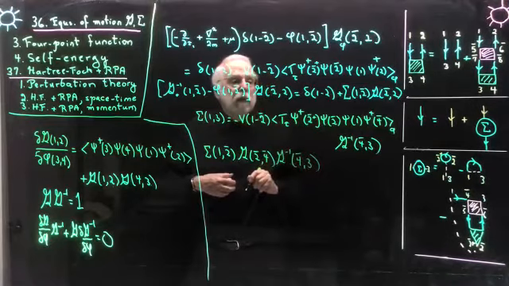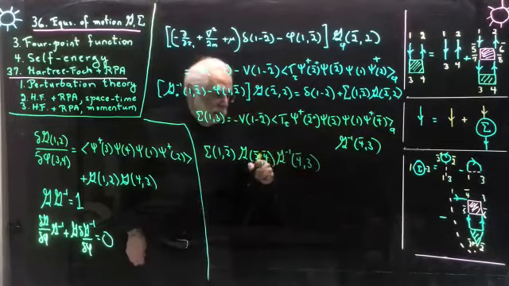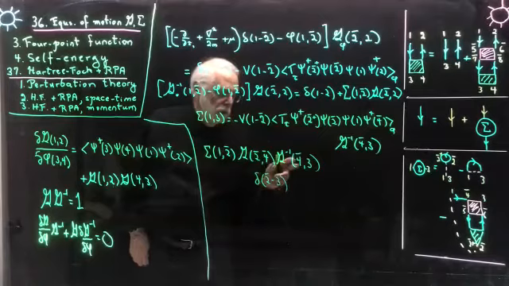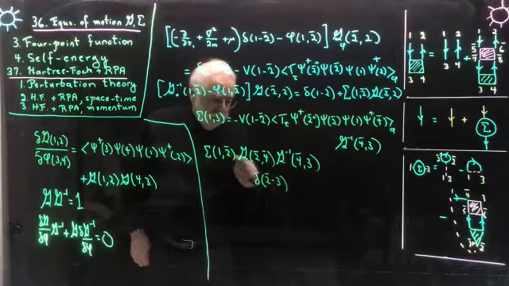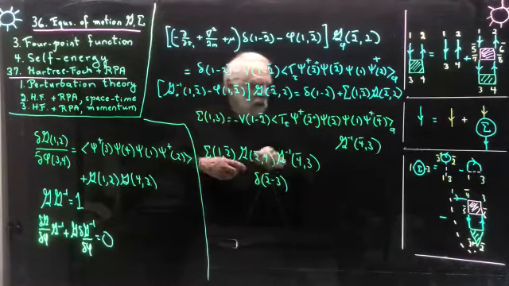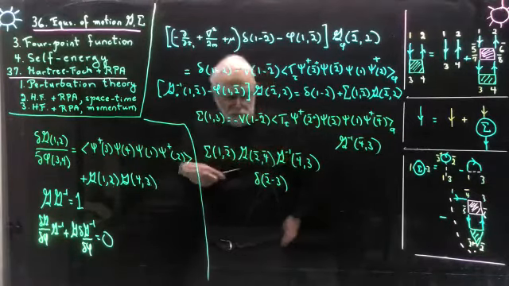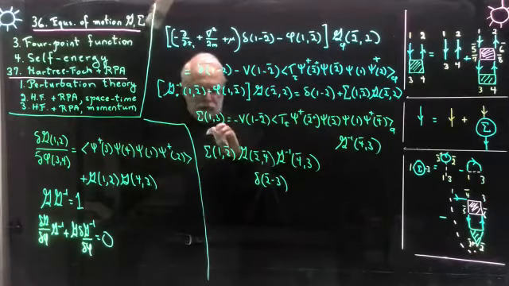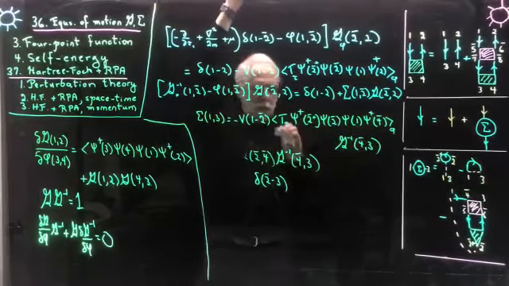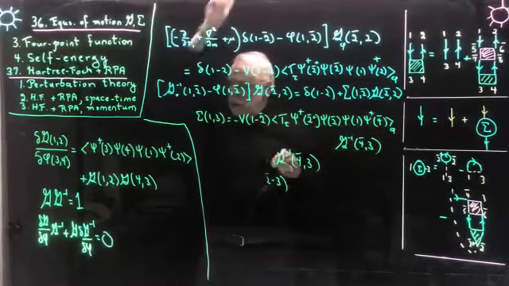So this gives me delta of 2 bar minus 3. Now I do the integral over 2 bar and I get 3. Is that fine? Okay. So now I know how to compute this because I worked it out here.